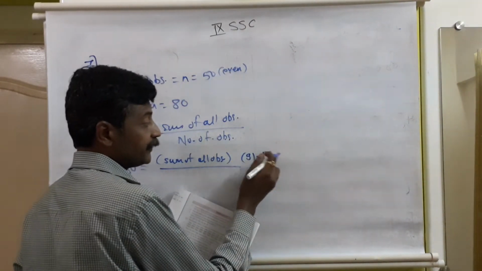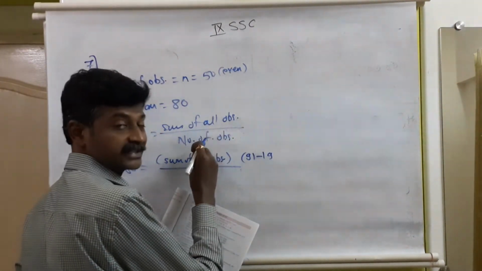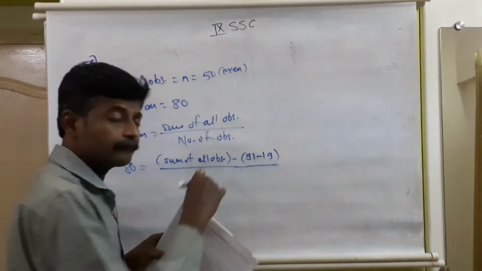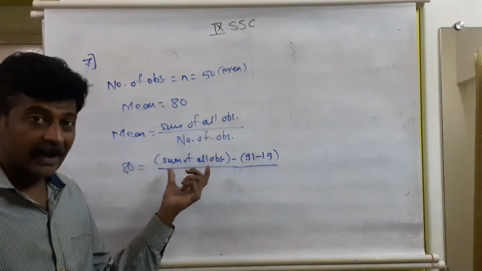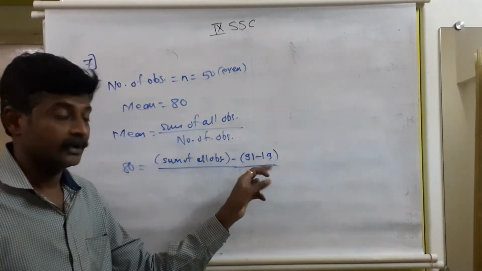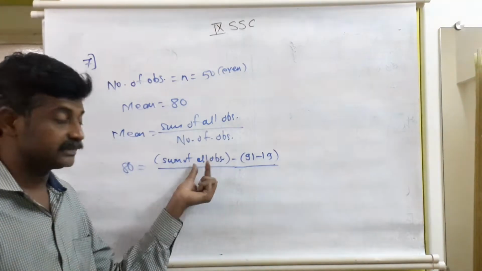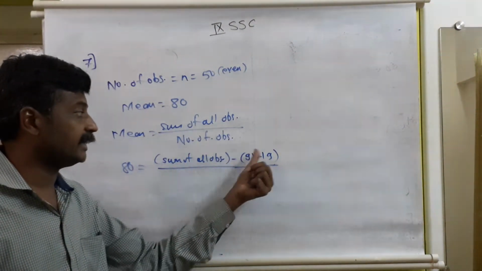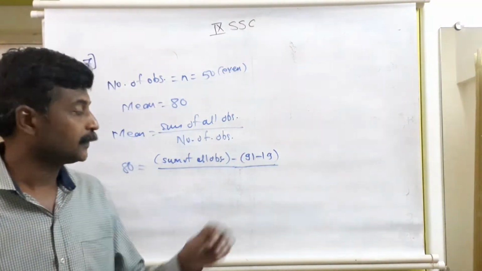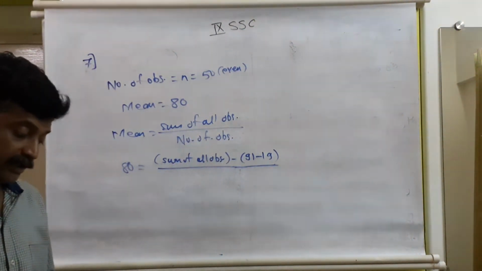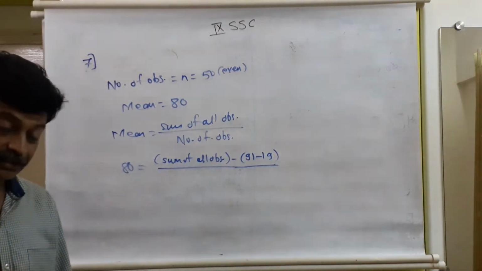Whatever difference between these both, it is added extra. So 91 minus 19 is the additional quantity. If we subtract it from the total, then we can get the correct total.